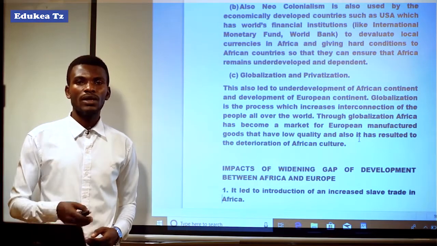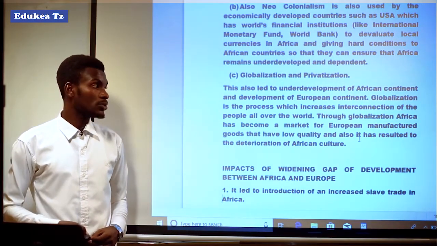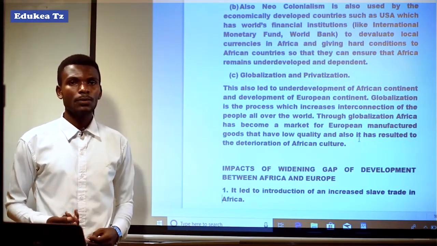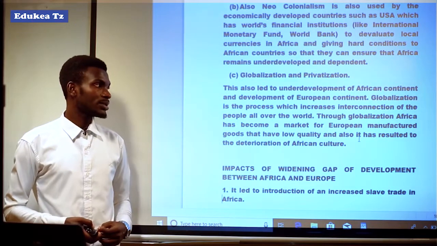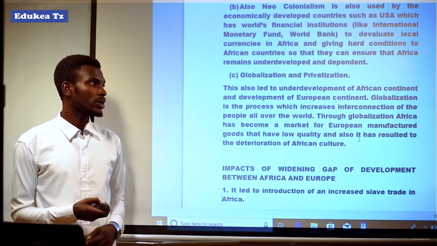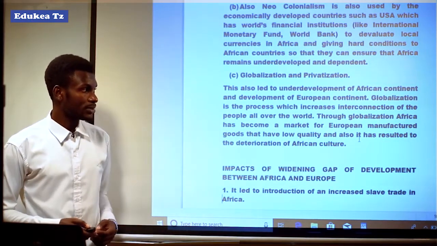So because the African goods and services which have been produced have low quality compared to the European goods and services, that has been leading to the collapse of the African market.